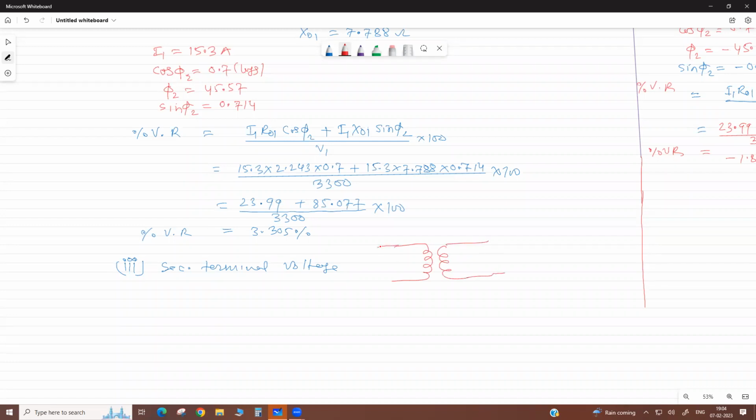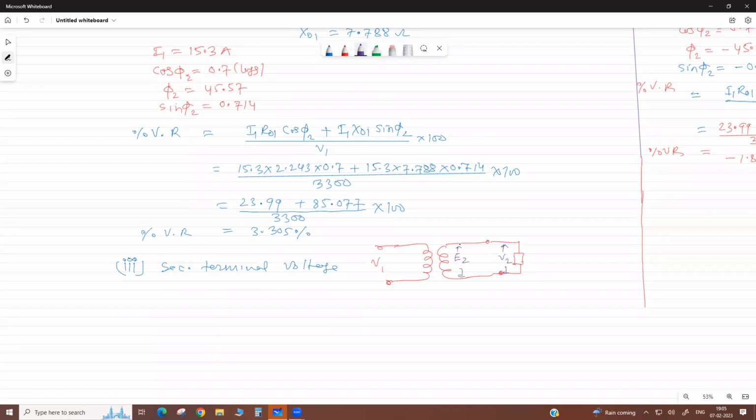Here you apply V1, and you know there is an equivalent impedance. Due to that impedance, there is a drop in the voltage. Now here you apply the load at full load. This terminal voltage is V2, and the induced voltage is E2 here.